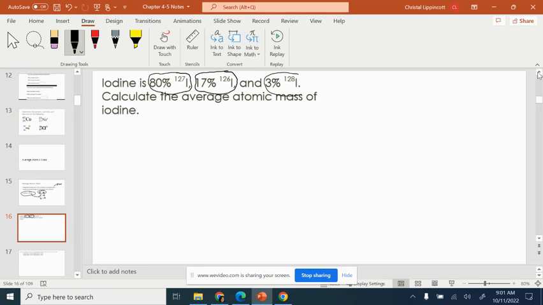And 3% is 128. So if we have a sample of iodine and we have 100 atoms, 3 of those are going to be 128.